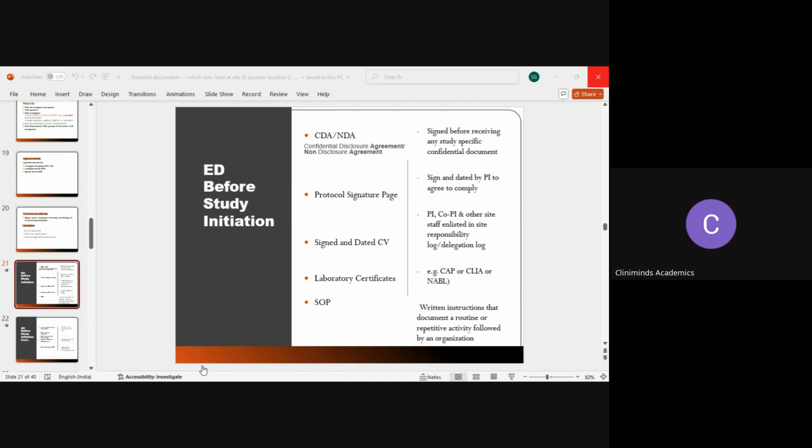So before they pass the trial related documents to the trial site, they want the site, the investigator, to sign the confidentiality agreement, that is the CDA agreement.